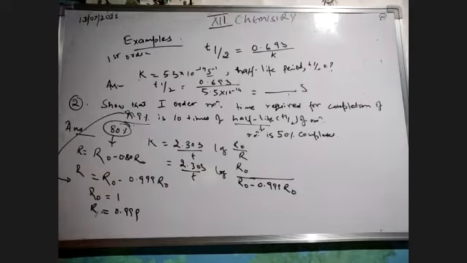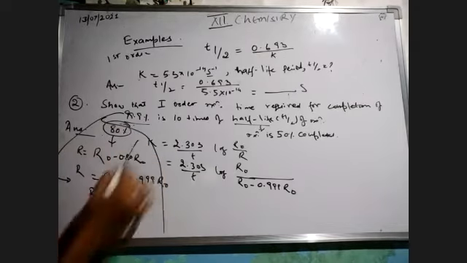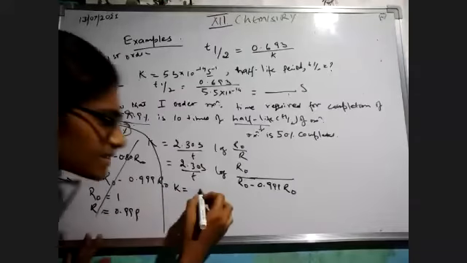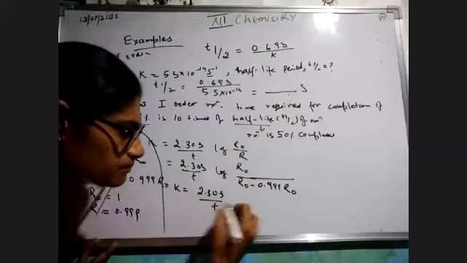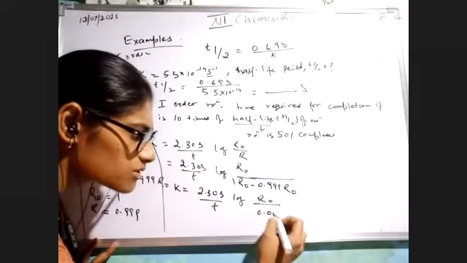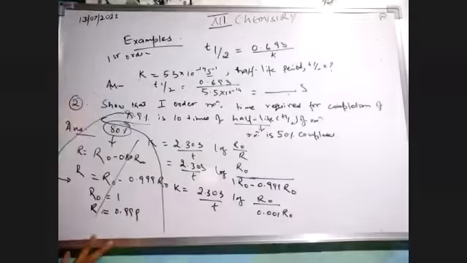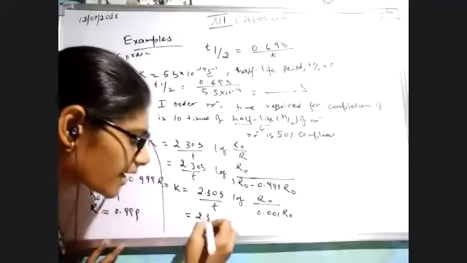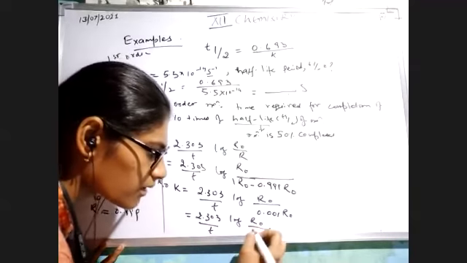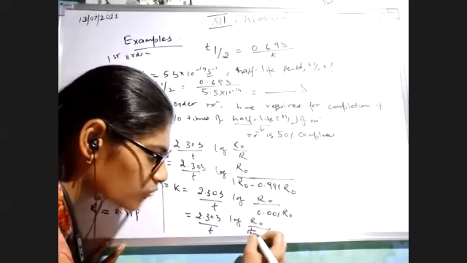Okay. So let's move with the topic. We can easily solve it by R naught. This is 1. This is the 0.001 R naught. Definitely yes. Or we can write it R naught 1 by 1000 R naught.